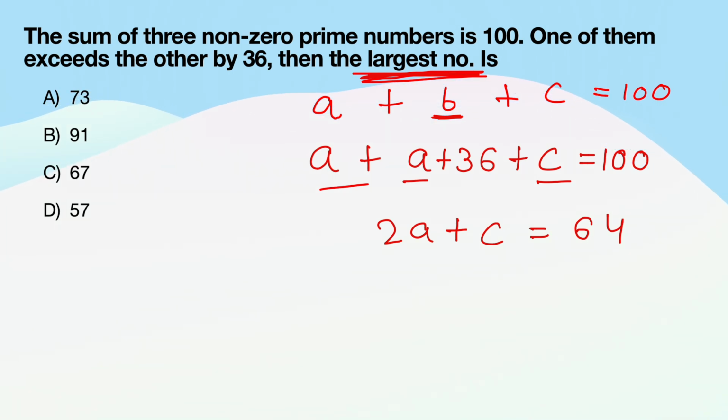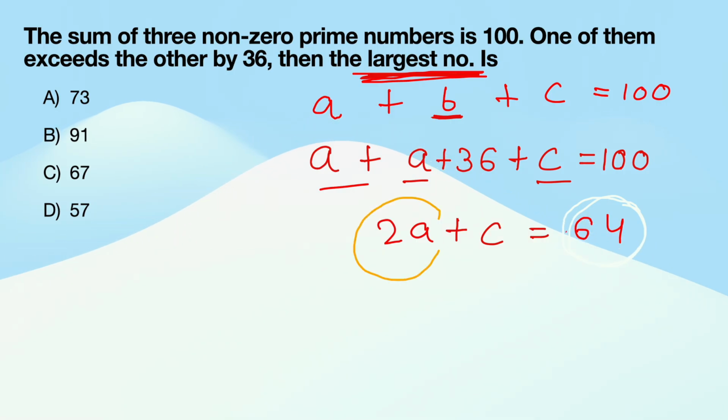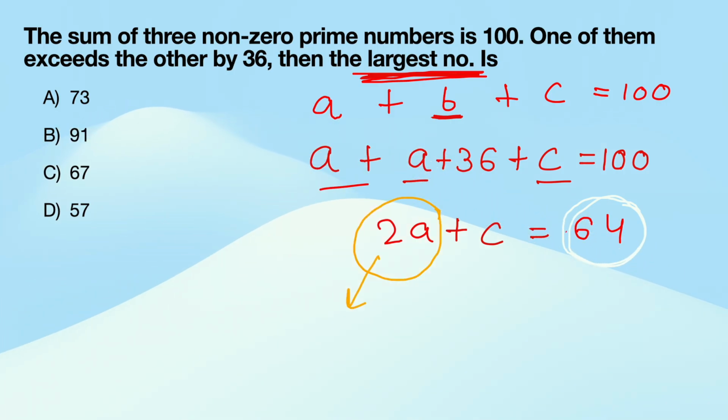Now how to find what are the numbers? Now see. Can you just tell me how I am getting 64 as a sum? If I am saying the first term, 2 into A, 2 times any number, whether it is prime or non-prime, right? First thing, prime is given, prime into 2, any number into 2. Will it be even or odd? Always even. Okay.